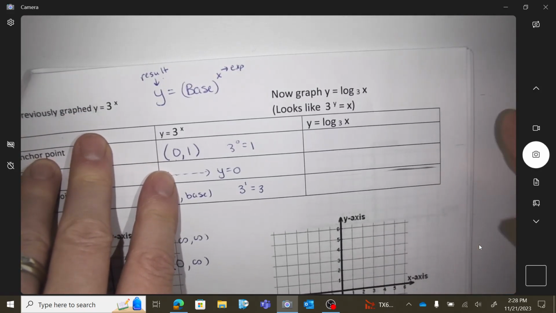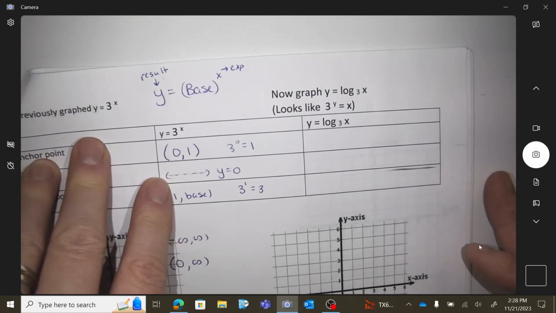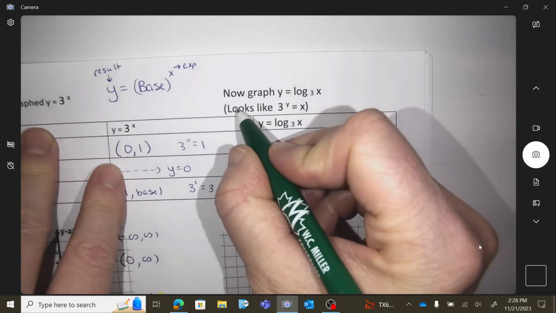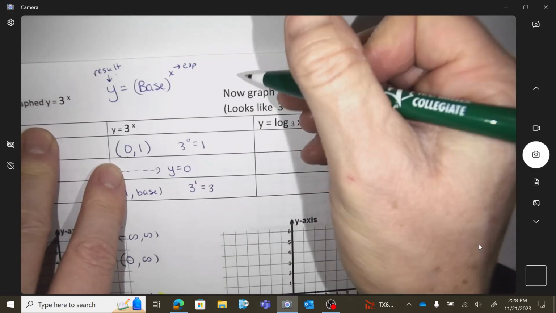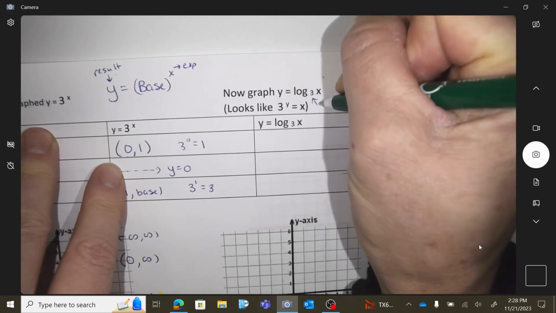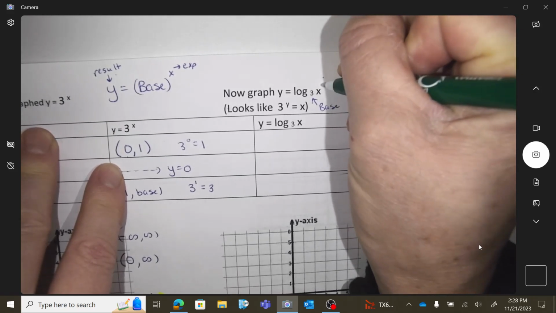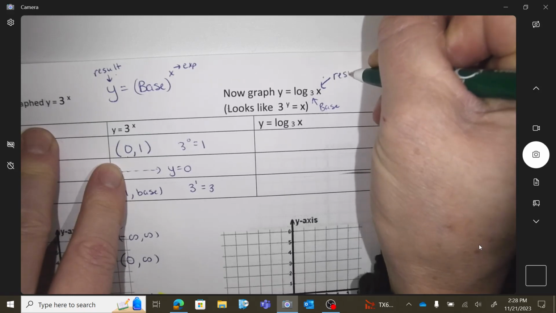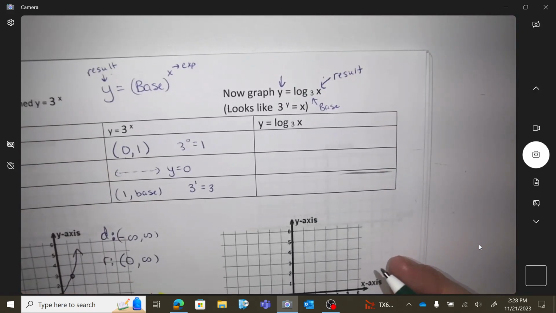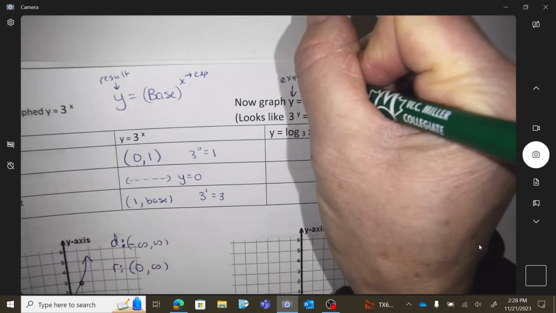We input the exponent, we get out the result. Okay, so what do logs do? So there's your base. This is the result. And logs, the answer to logs is the exponent.